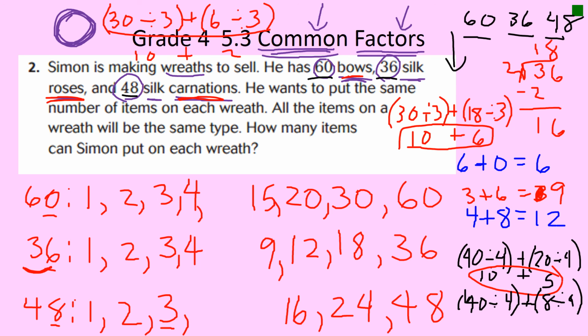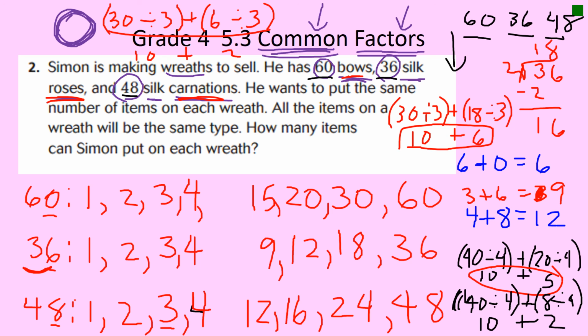Oh, now I can just look at those, and yes, 4 is, oh, I want to do that in red. 4 is definitely a factor of 48. And what's the factor pair for 4? Well, let's go back over here. 40 divided by 4 is 10, plus 8 divided by 4 is 2. So the factor pair is 12. 4 times 12 is 48. Oh my goodness, I'm running out of space here, aren't I?